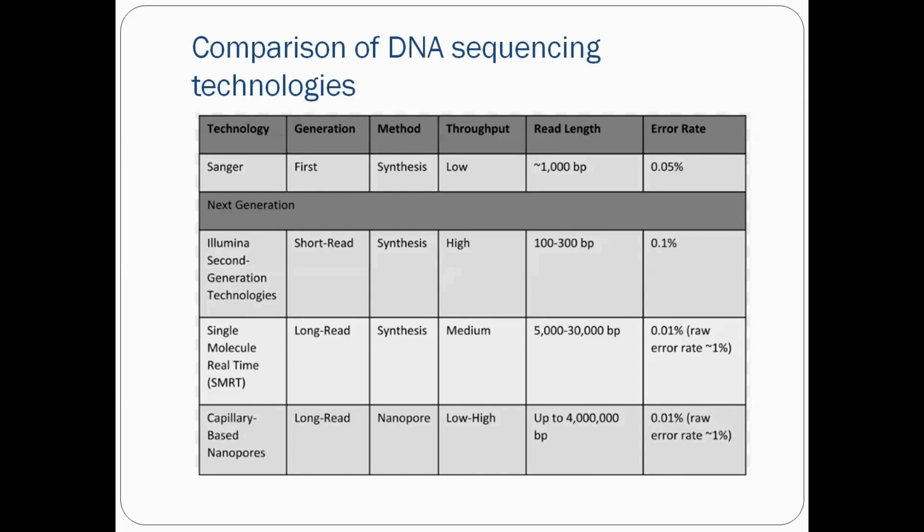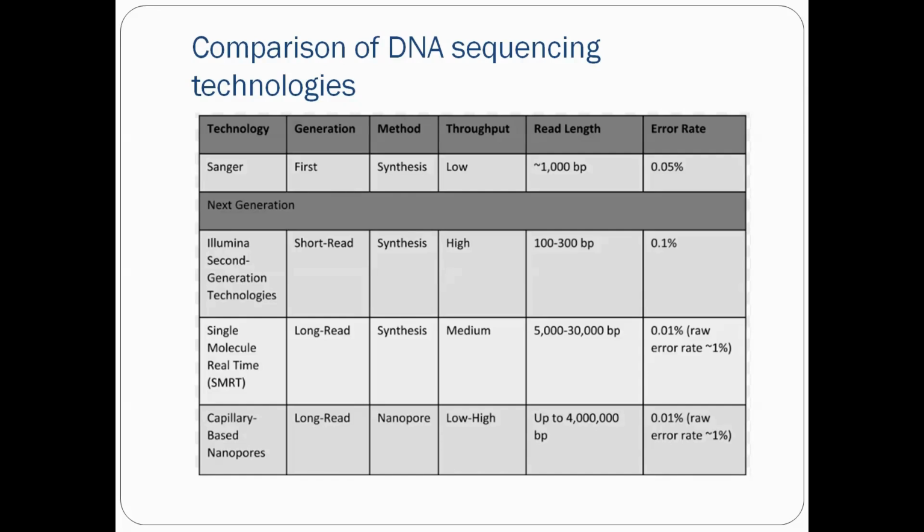Throughput is high, and the read length is 100 to 300 base pairs, but with a slight increase in error rate. As the sequencing technology advances, there is a chance of increase in error rates. Sometimes there is complexity in the data we receive from next generation sequencing, which has to be confirmed with Sanger sequencing. That is why I said that Sanger is still a gold standard.